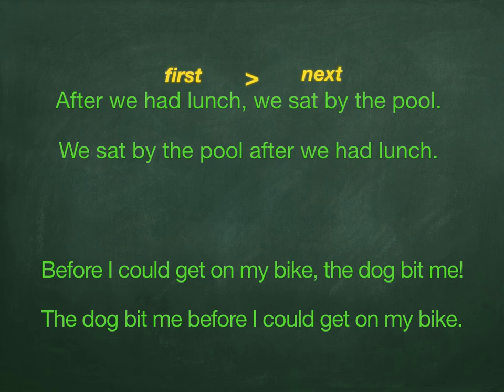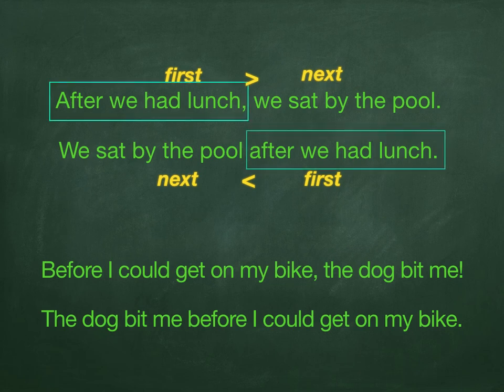And this is the same for both these sentences. In both cases, "after we had lunch" tells us when we sat by the pool. Everything is the same for the examples at the bottom, but "before" tells us about the time sequence differently.